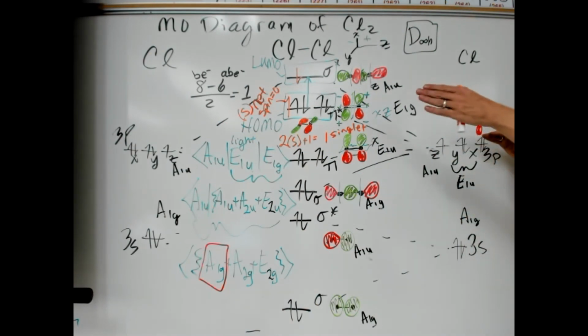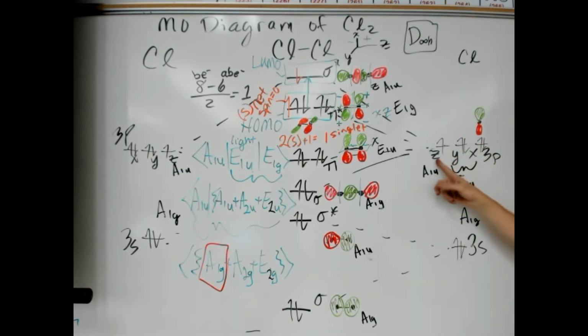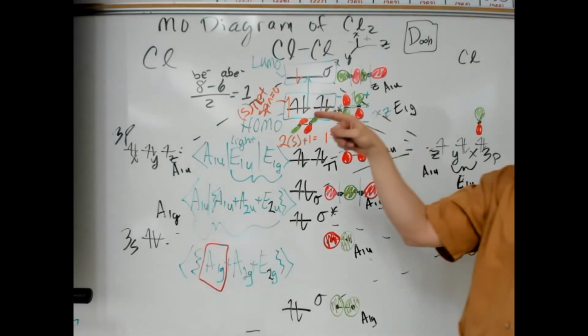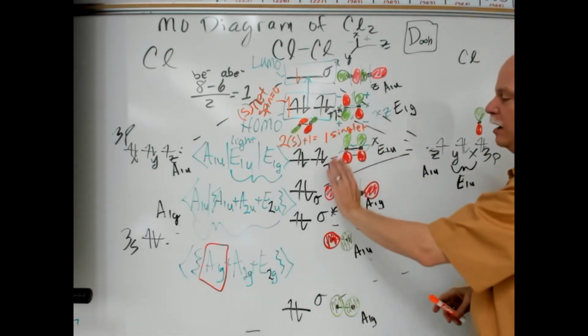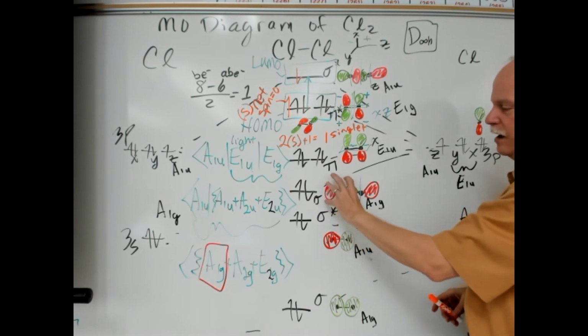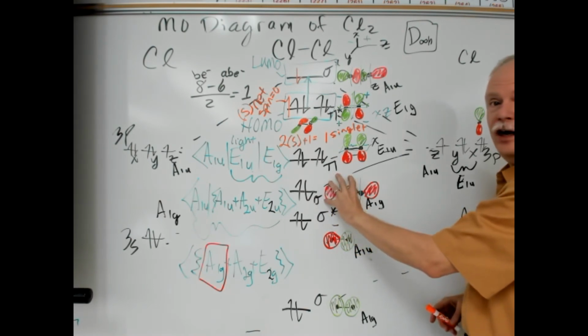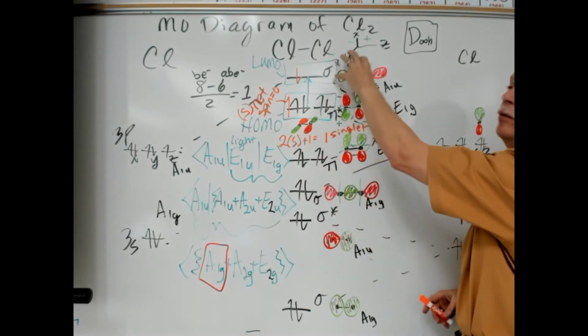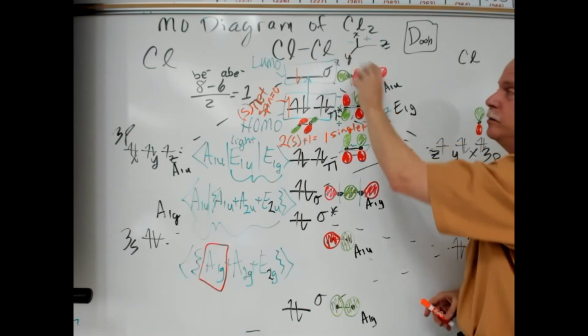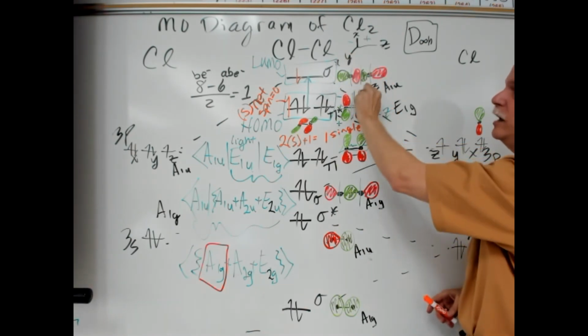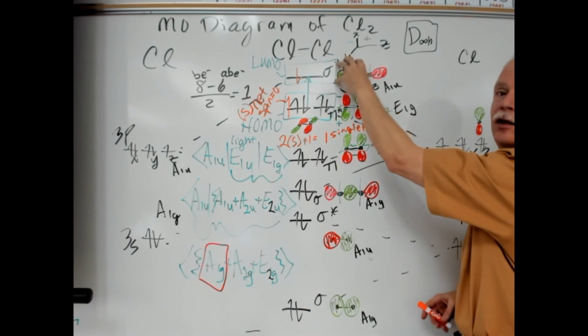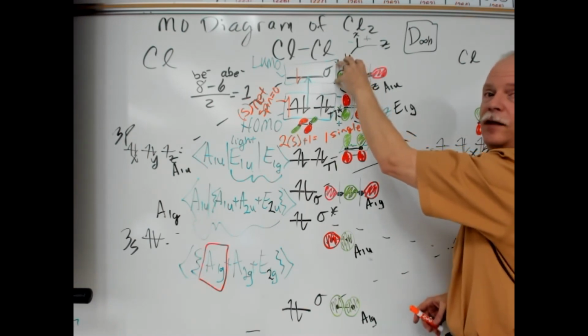The only thing that could really interact with it would be the Z coming right at that s orbital. So for this one, I would have a green ball on this end, and up here a red ball. The Pz orbital would be pointing at a red 1s orbital on hydrogen, so it wouldn't overlap and that would be antibonding.